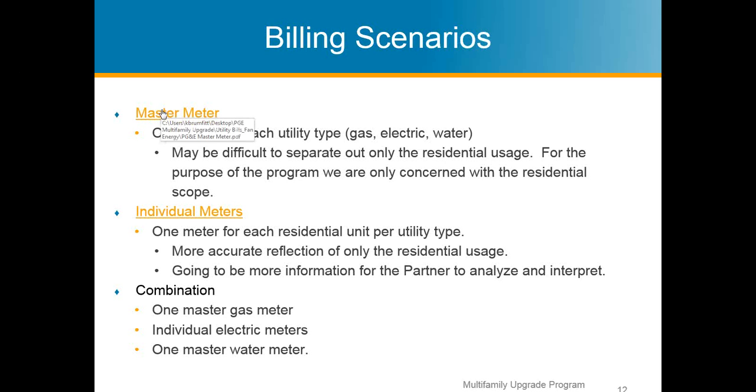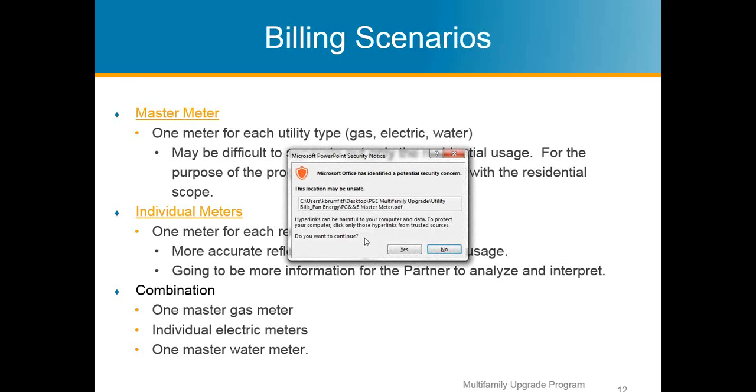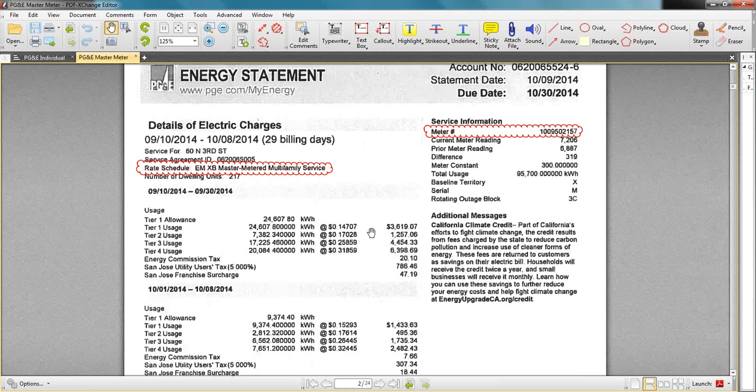Let me see if I can show you these master meters and individual meter bills. It'll probably be easier. So I've taken some PG&E bills here. This is a master meter multifamily service. It gives you a meter number, gives you what your rate schedule is, and then it gives you your tier usage breakdown.